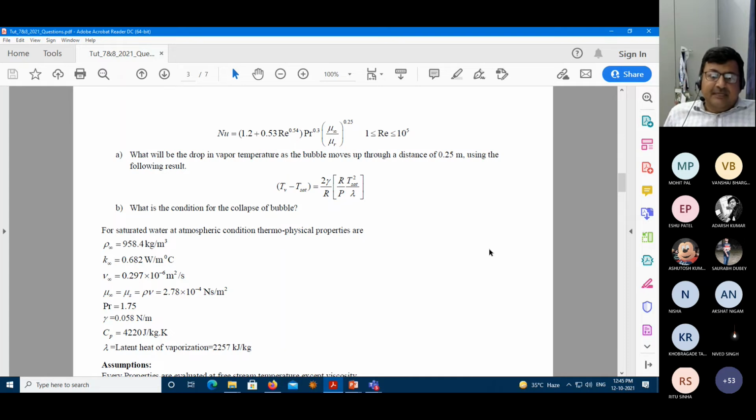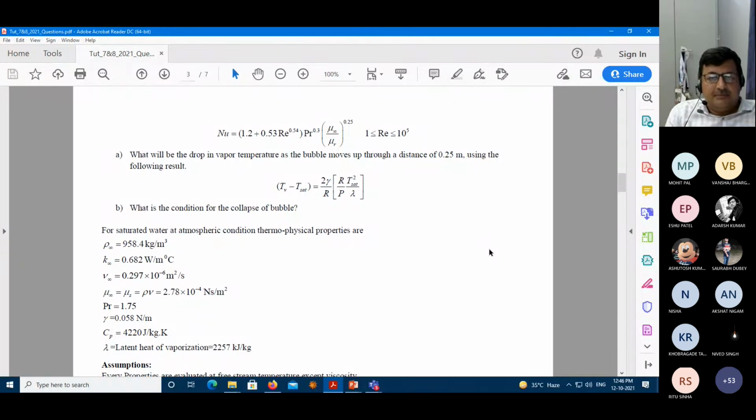Now, what is your mu infinity and mu r? Mu infinity is given. How much is your mu infinity? 2.78 into 10 raised to minus 4. Correct. And what is your mu r?